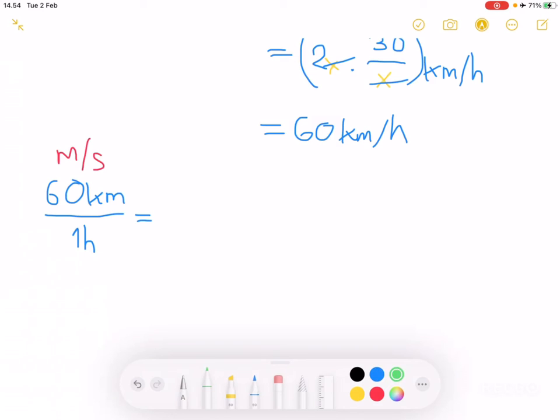So first look at the distance units and ask yourself, how many meters is 60 kilometers, which is just 60,000 meters, and notice that I just multiplied it by 1,000. And then do the same thing for the time units, and ask yourself how many seconds is 1 hour, and just as I said in the last example, it is 3600 seconds.